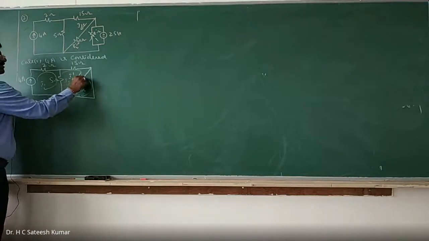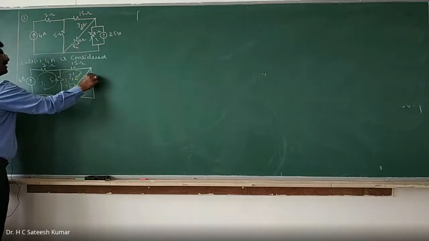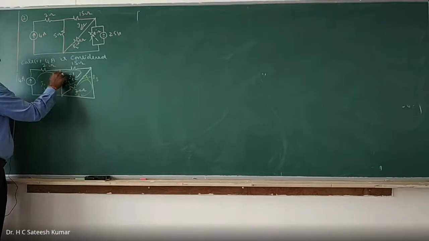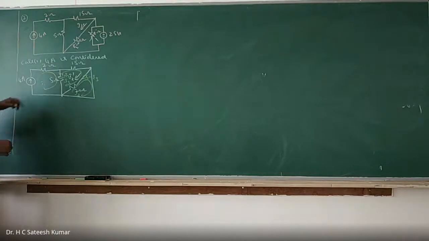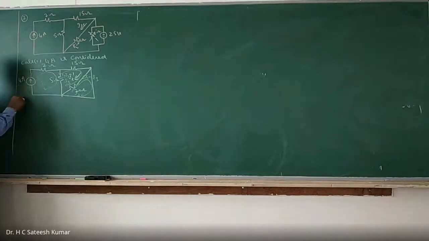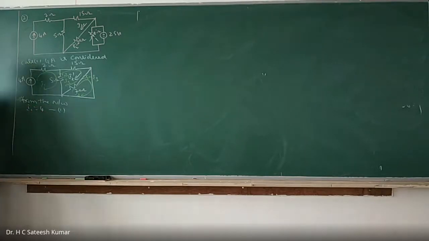This current is nothing but I2 minus I3. This current is nothing but I1 minus I2. Okay, right. KVL. So first one from the network itself, because the current source is in the perimeter. From the network, I1 is equal to 4 amps. Call this equation number 1, because the current source is in the perimeter of the network.